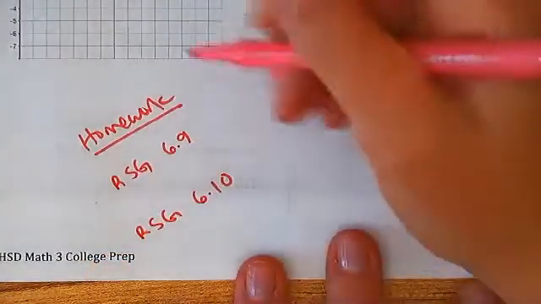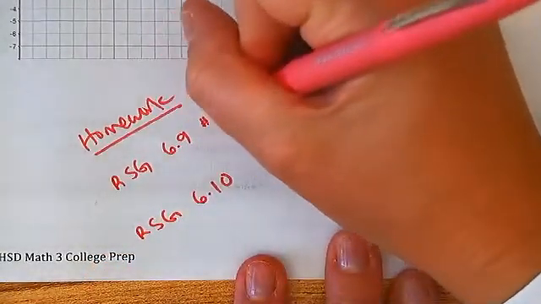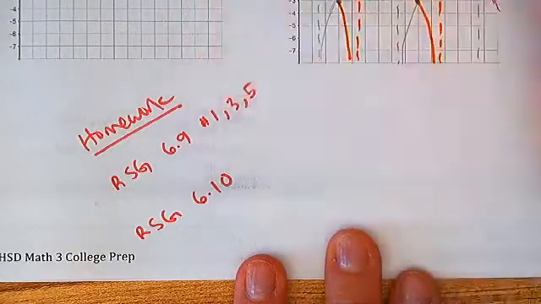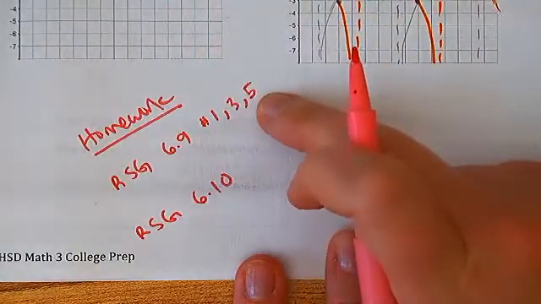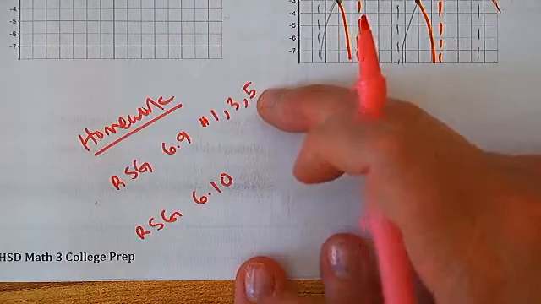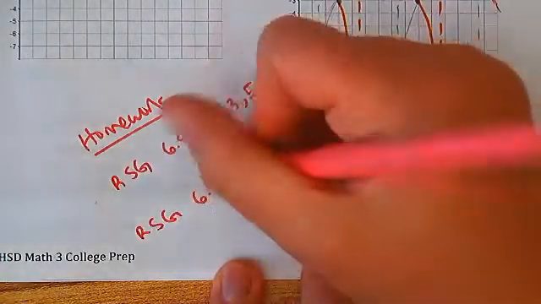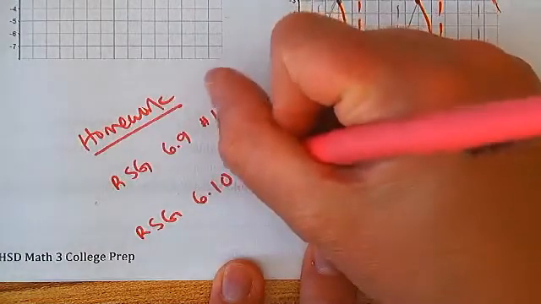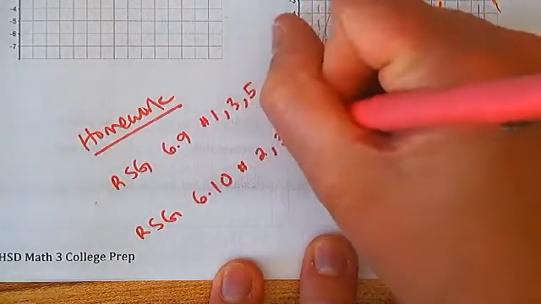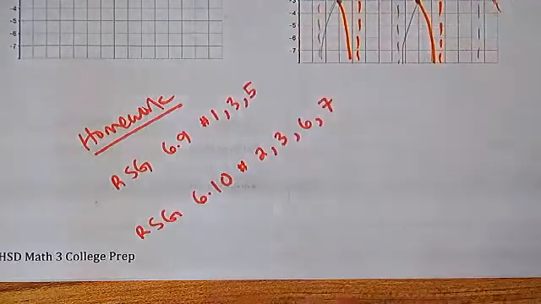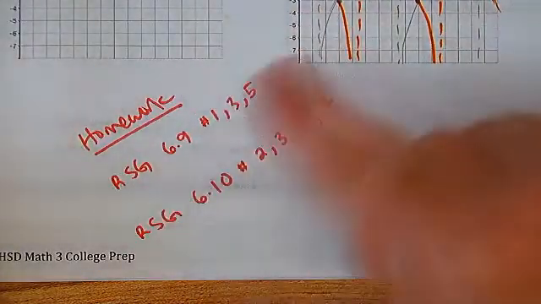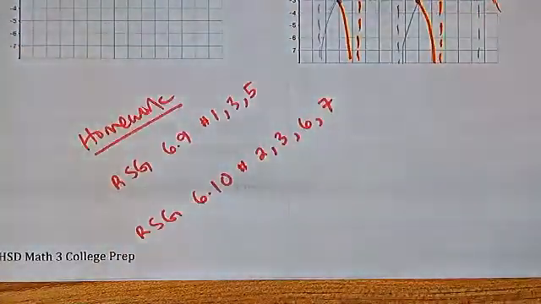From RSG 6.9, you're only going to do numbers 1, 3, and 5. All 3 of those are just tan practice, so just tan graphs, okay? In 6.10, you're going to do numbers 2, 3, 6, and 7. So that's only 7 problems for homework.